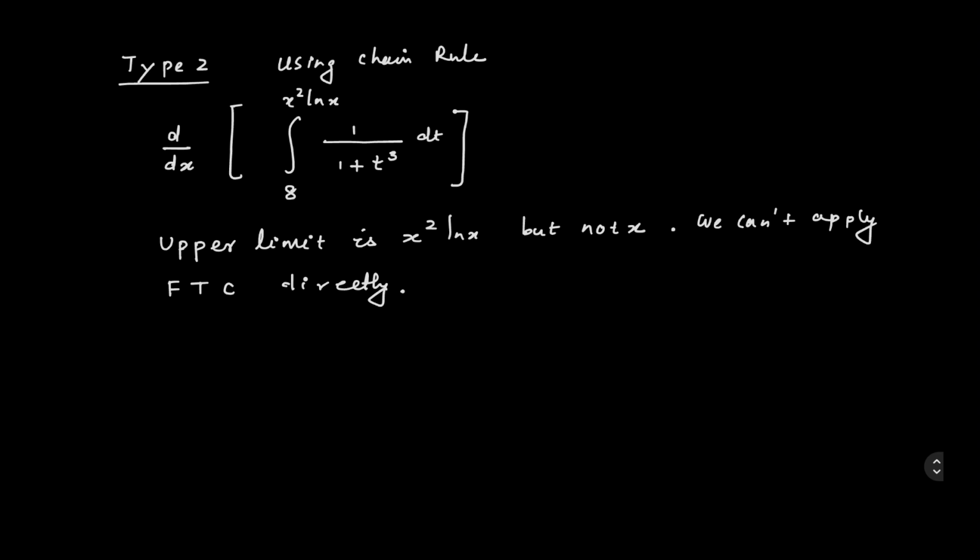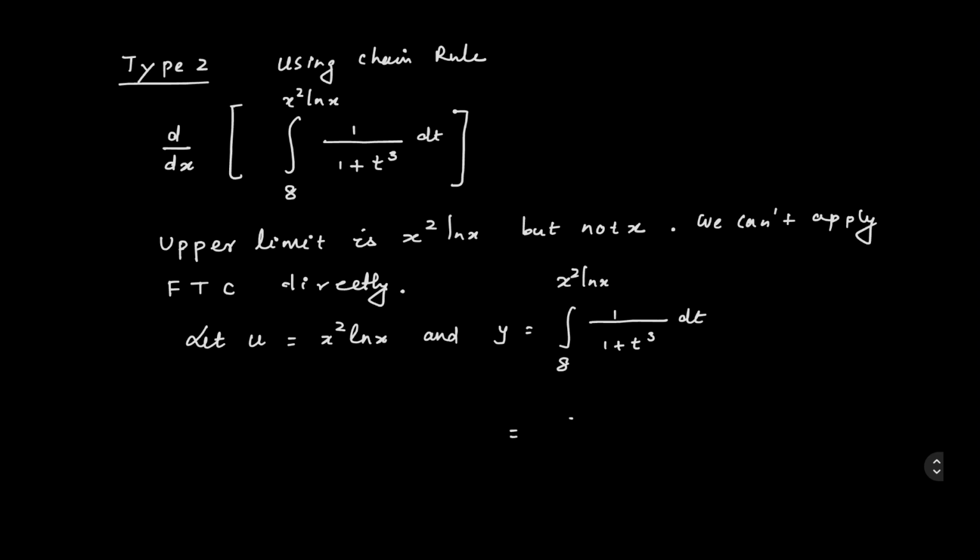So what you do here is let u equal x square ln x and let y equal the integral from 8 to x square ln x of 1 over 1 plus t cube dt.